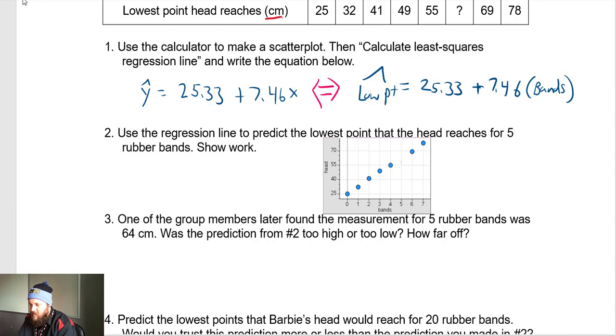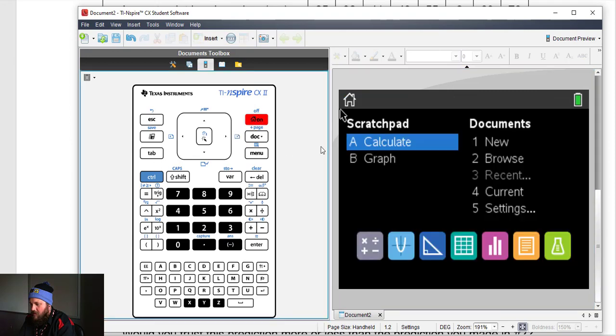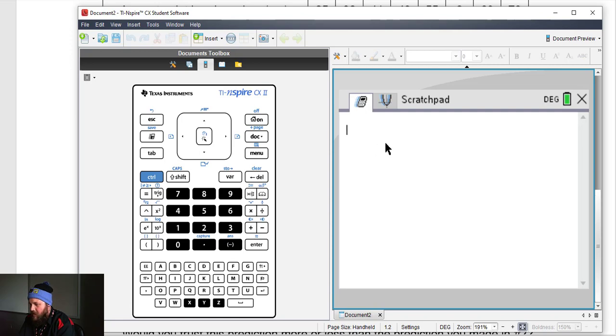So let's do that. We have y hat equals 25.33 plus 7.46 times the number of bands, which was 5. And what does that give us? Well, let's look at the calculator. Let's go home real quick. What was it? 25.33, I believe, right?